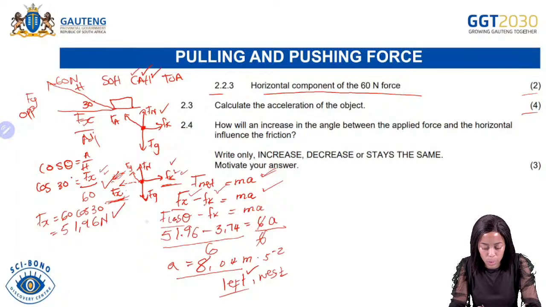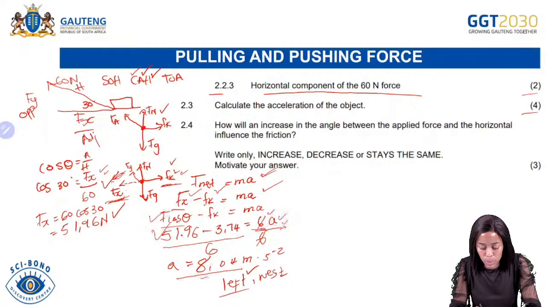So from there, from your horizontal component, you would substitute. For this one, we had previously calculated the horizontal component, and we had also previously calculated the friction. The mass was given, and then all we had to do was calculate the acceleration.